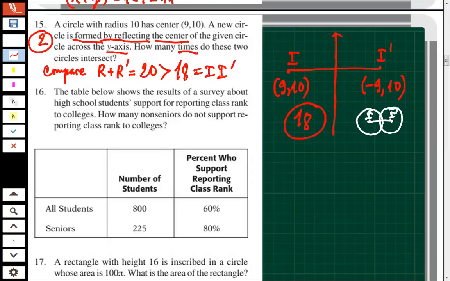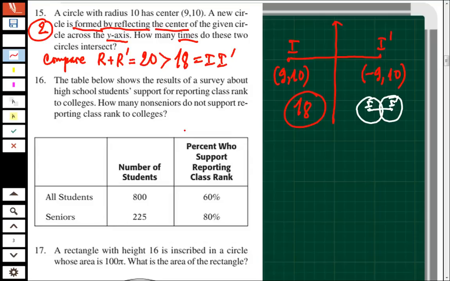2 times. Question number 16. The table below shows the results of the survey about high school student support for reporting class rank to colleges. How many non-seniors do not support reporting class rank to colleges?